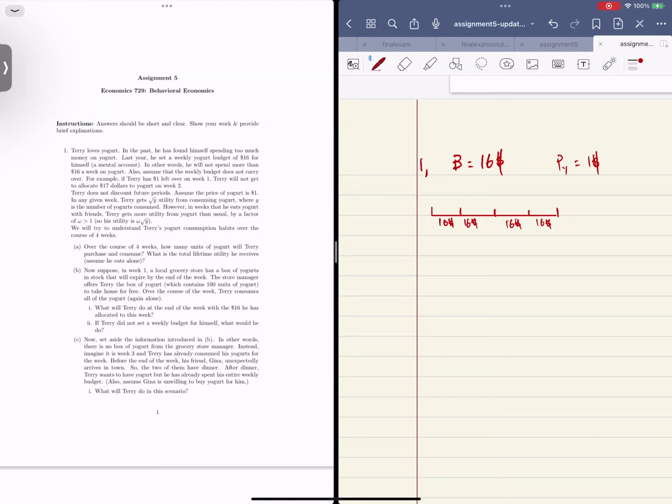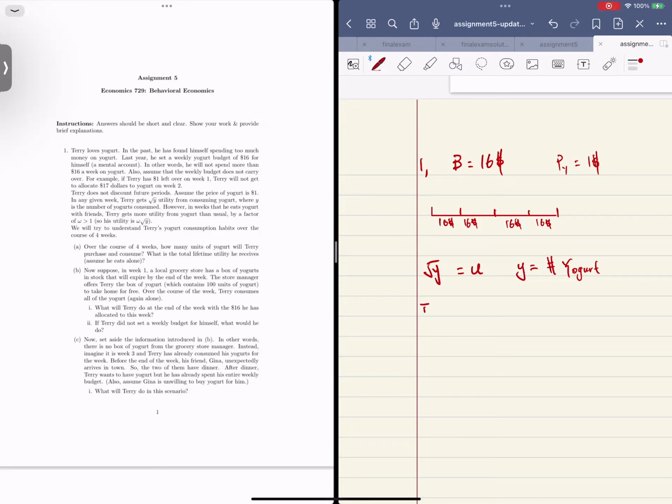In any given week, Terry gets utility U equals square root of Y from consuming yogurt, where Y is the number of yogurts. However, in a week that he eats yogurt with friends, Terry gets more utility from yogurt than usual.